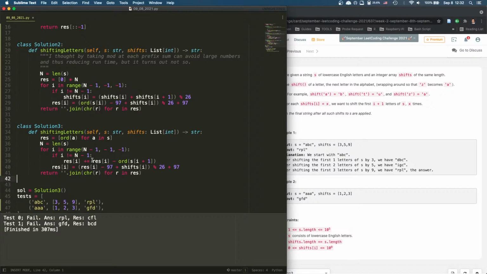It's the difference, right? The current is the original difference. So we can say res i, this is the original difference. And then what we're going to do is res i.